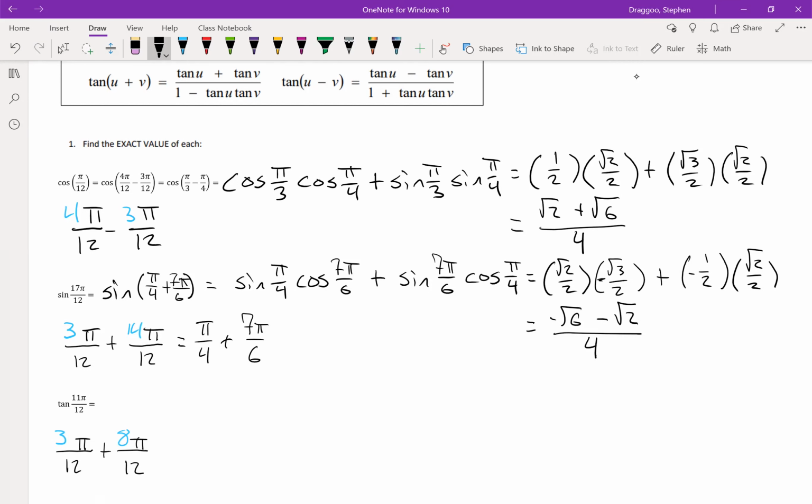Simplifying each of those, I get pi over 4 plus 2 pi over 3. So I'm looking to get the tangent of pi over 4 plus 2 pi over 3.